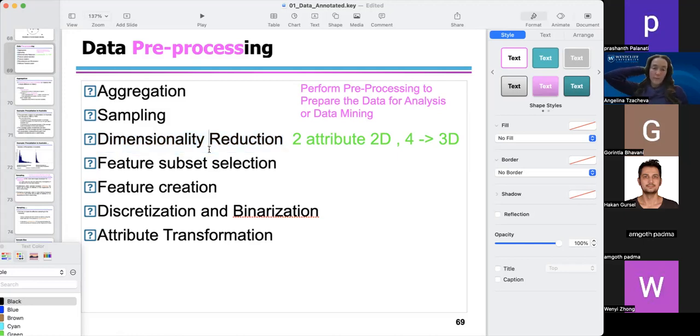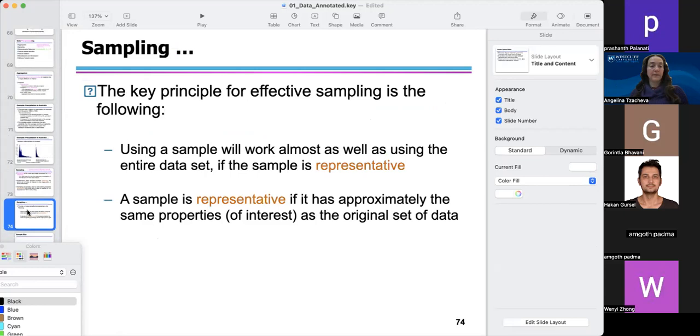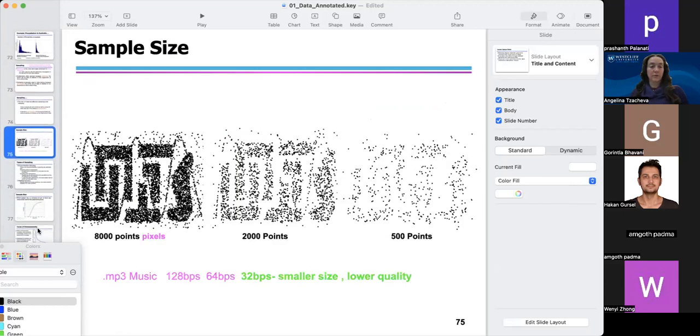That is, we as the experts of the data are going to look at this data carefully and see which attributes do I need?